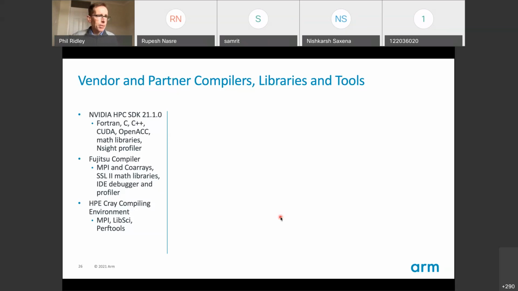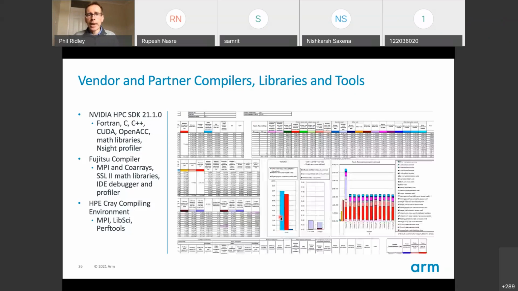They have a profiler called the Fujitsu Advanced Performance Profiler, which has a very good GUI. And it's all very powerful. Cray, HPE have their own perf tools. So you've got CrayPat and Cray's debugger to use on ARM architecture, just like any other architecture. So there's very wide support.